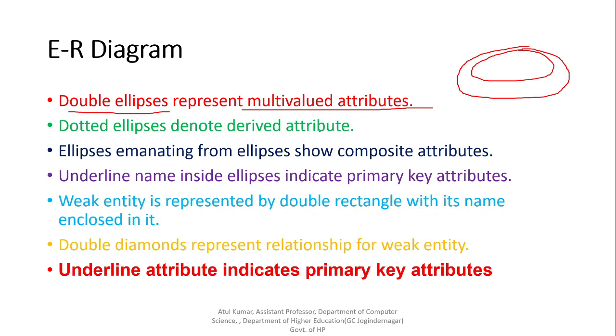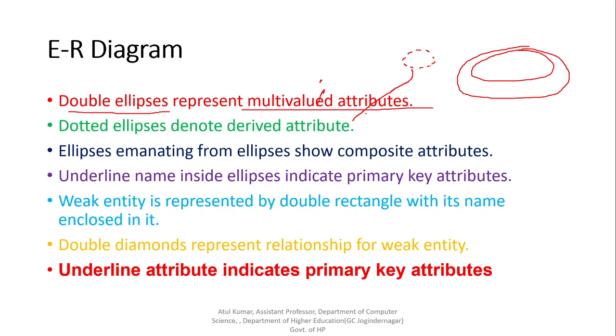Next, dotted ellipses are used to represent derived attributes. This one is a dotted ellipse, and it is used to represent a derived attribute.